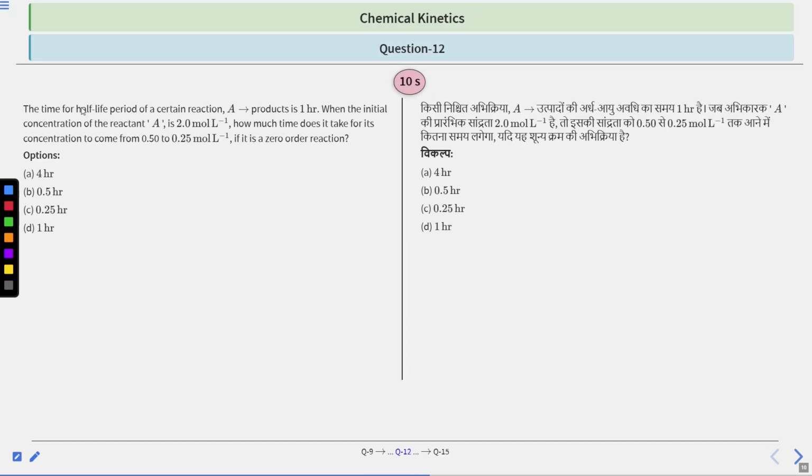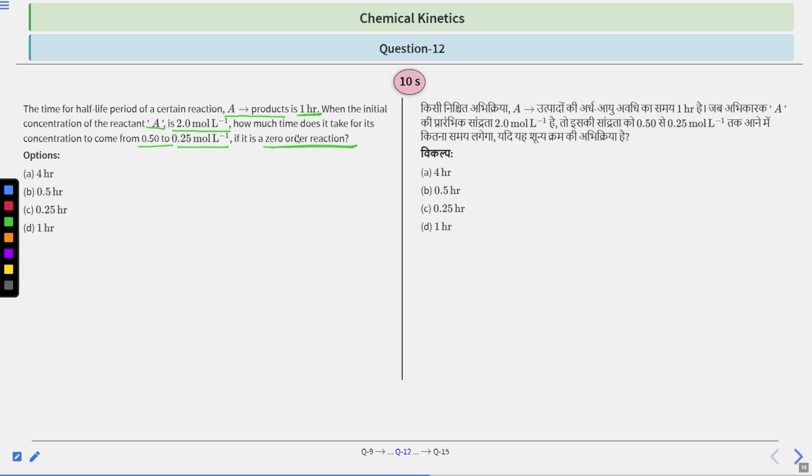Question number 12. The half-life period of a certain reaction A to products is 1 hour. When the initial concentration of reactant A is 2 mole per liter, how much time does it take for its concentration to come from 0.5 to 0.25 mole per liter if it is a zero order reaction?